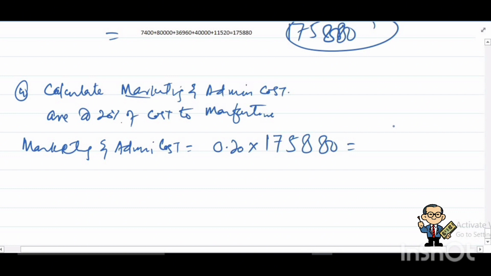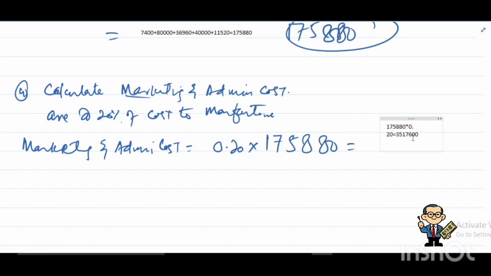So how much will you have? 175,000 multiplied by 20, oh my god, I think we did the wrong calculation.